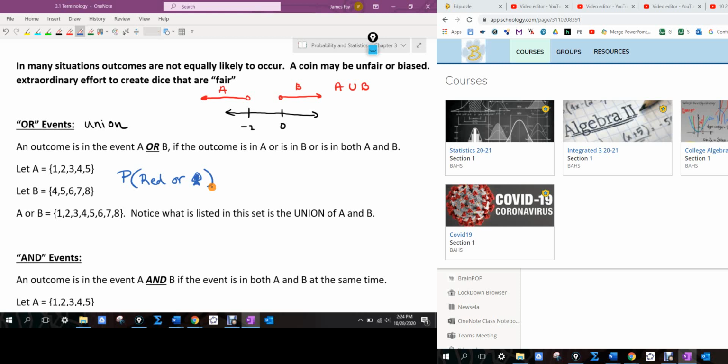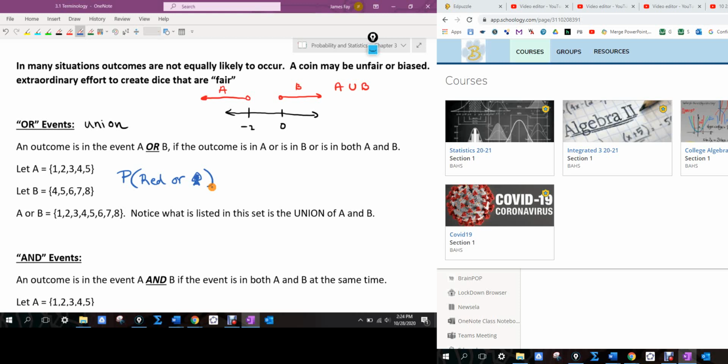That's what the "or" is referring to. Which basically means if I'm taking all of the reds along with all of these spades, I'm adding. Does that make sense?